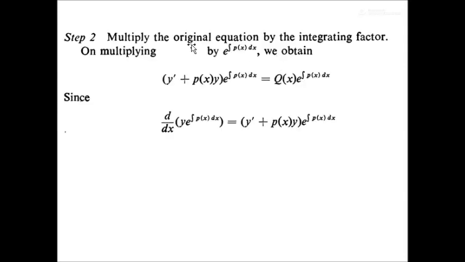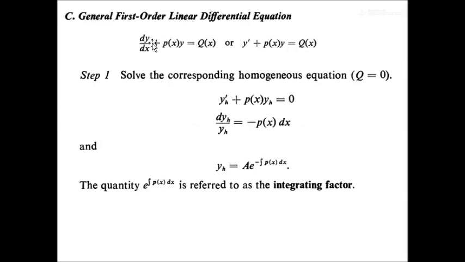Now multiply the original differential equation on both sides. If you multiply with the integrating factor, that is e to the power integration p(x) dx, then you are able to solve this differential equation.